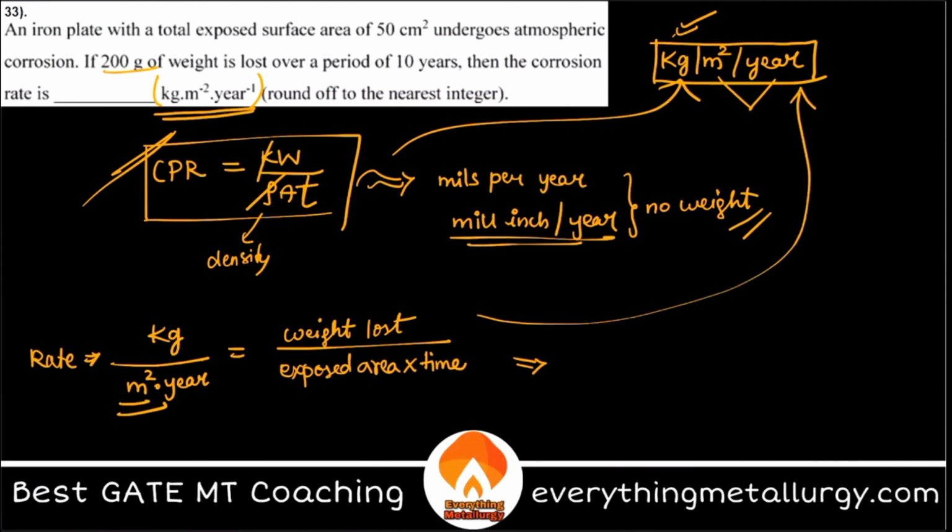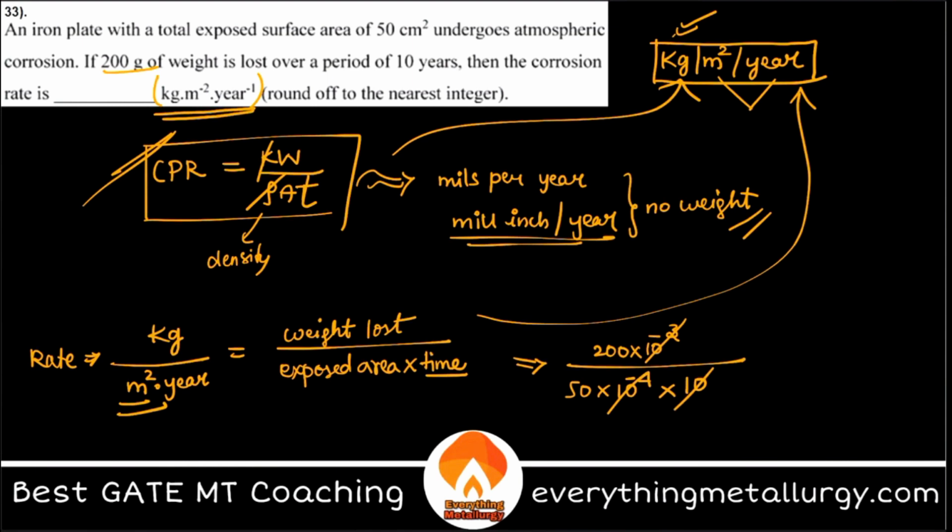Weight lost is 200 grams, so it is 200 into 10 power minus 3 kg divided by area, which is 50 centimeter square. 1 centimeter is 10 power minus 2, so centimeter square is 10 power minus 4, into time. Time is 10. So easy, right? So this is gone, you are left with only 1/10, and this is also gone.